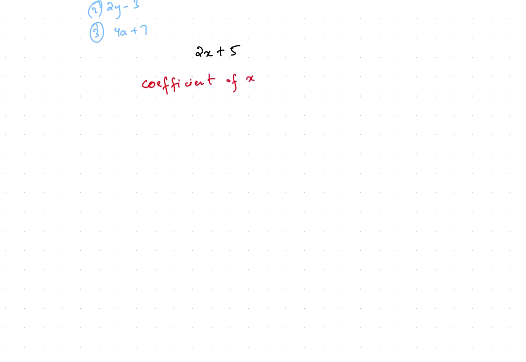For example, 2 is called the coefficient of x. And the variable here is x, because again it's x, y, z, an unknown value. And 5 is basically the constant that we already discussed in the first video.